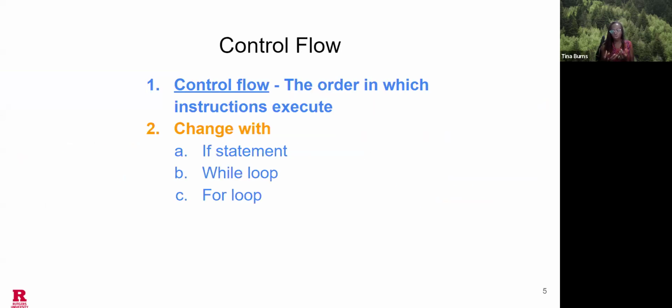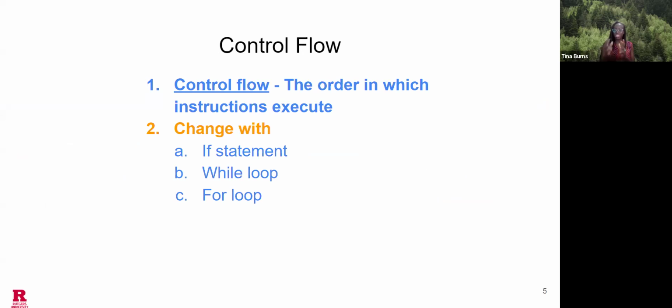Our control flow is really described as the order in which instructions execute, right? So typically if we're in a C program, that's going to operate from top to bottom. That means I'm going to execute A, B, C, D, E, F, or instruction 1, 2, 3, 4, etc. Unless I interrupt that control flow with some sort of instruction.